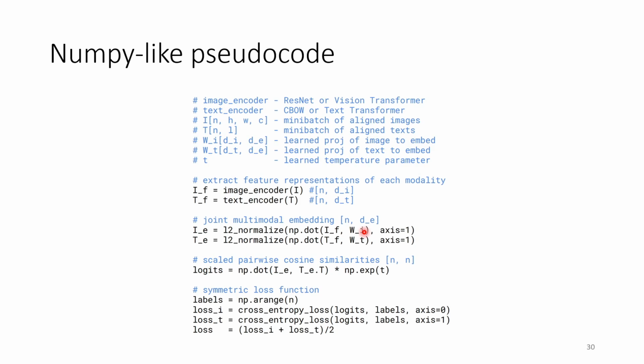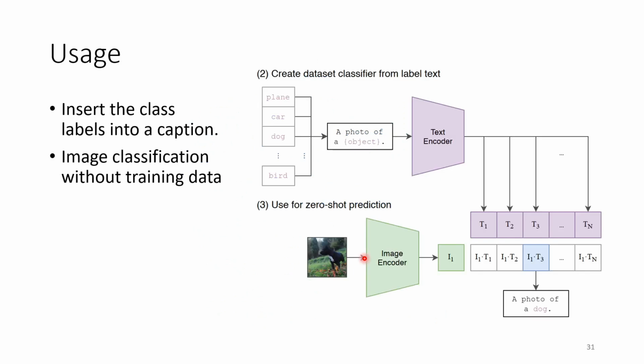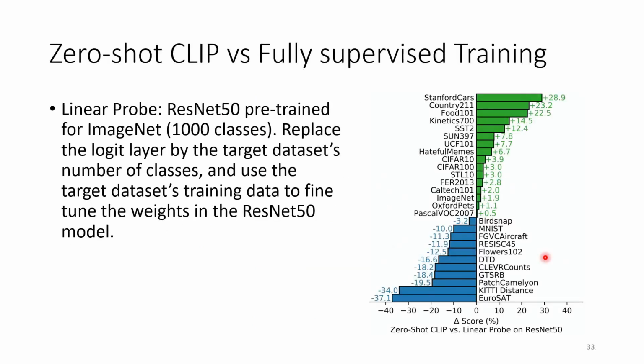Given an extracted image feature and an extracted text feature, they transform the two features into the same space using the embedding transformation matrices Wi and Wt. Once they learn it, they can compare the features in the same space. So here they show the power of contrastive learning.